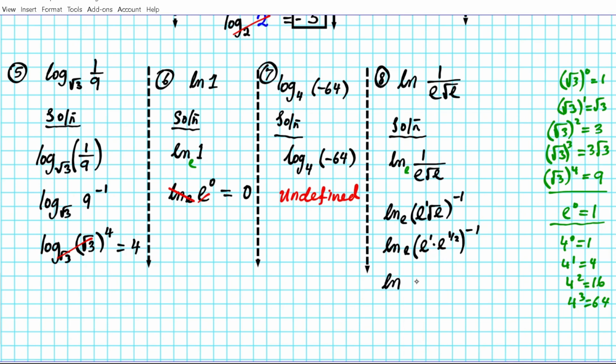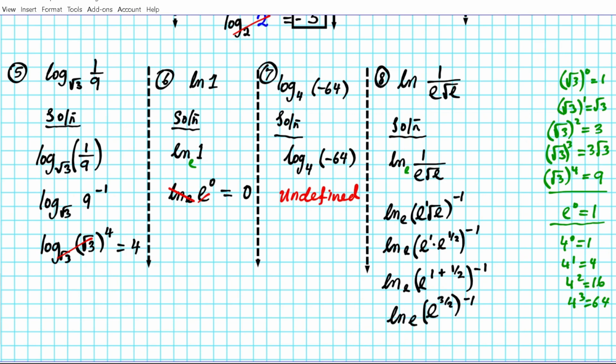So we have the natural log of e to the 1 plus 1/2. 1 is 2 over 2, so 2 over 2 plus 1 over 2 is 3 over 2. Let's not forget our negative 1 here. So this is the natural logarithm of e raised to the 3 over 2.